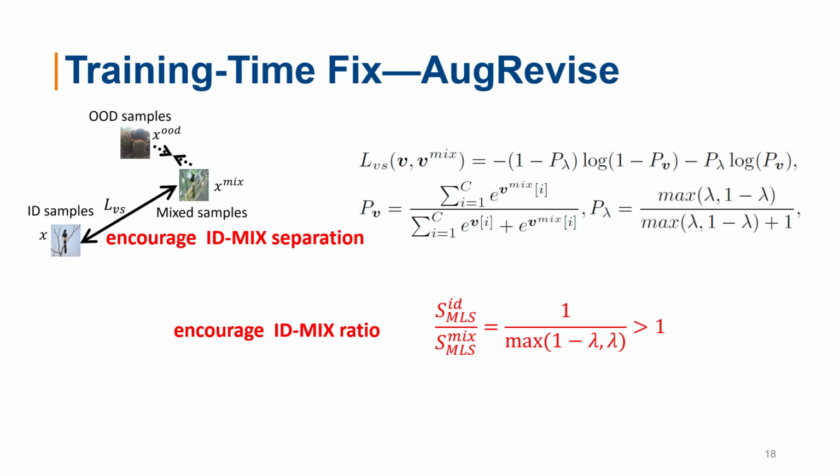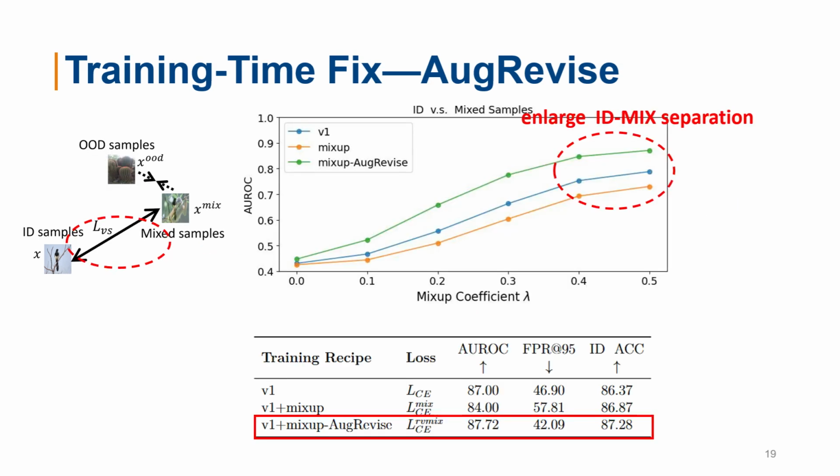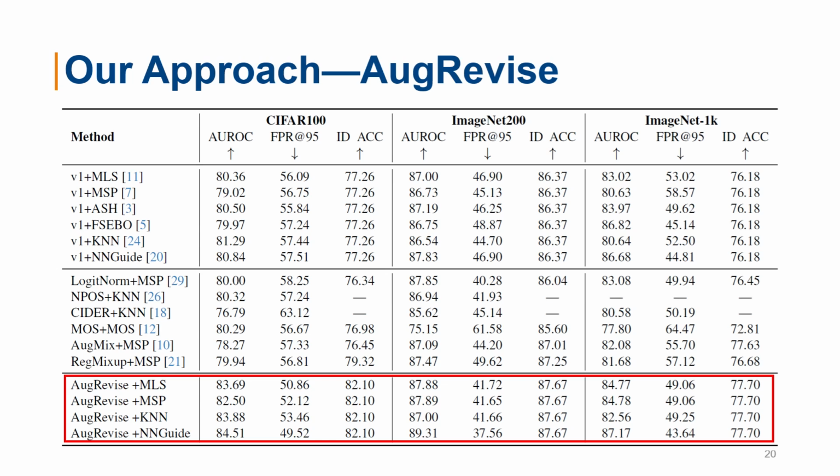And the larger the mix-up strength, the greater the ID mix-up ratio and also the separation. After introducing the virtual separation loss, we have larger ID mix-up separation and better OOD performance. Our final training-based approach, augmentation revise, can improve various OOD scoring methods and show strong results on different datasets.